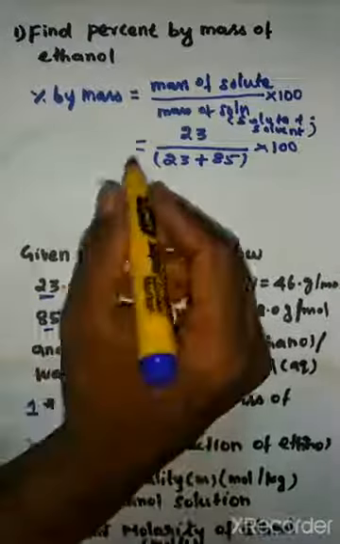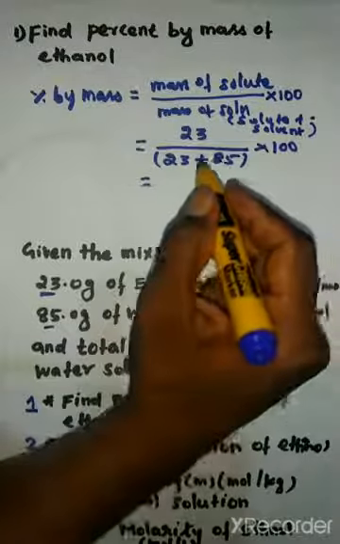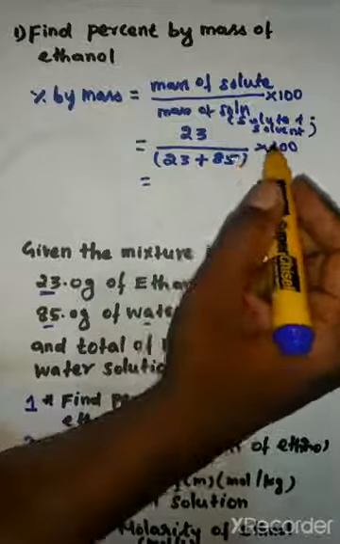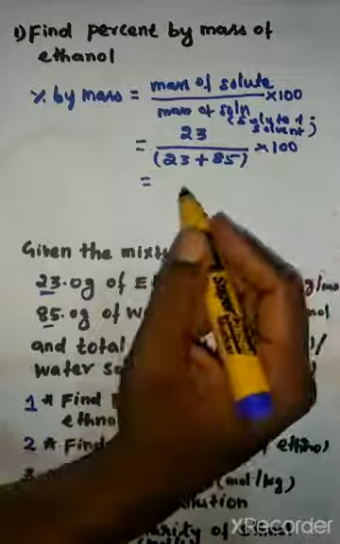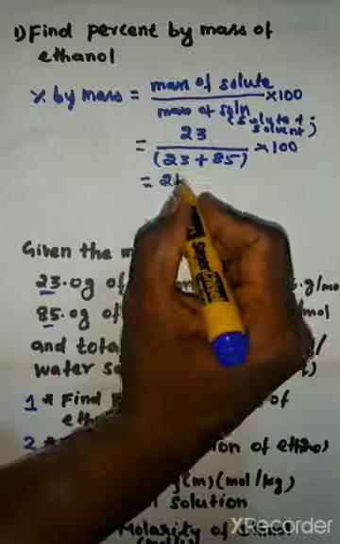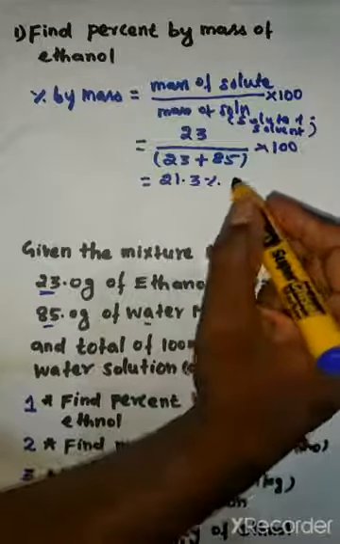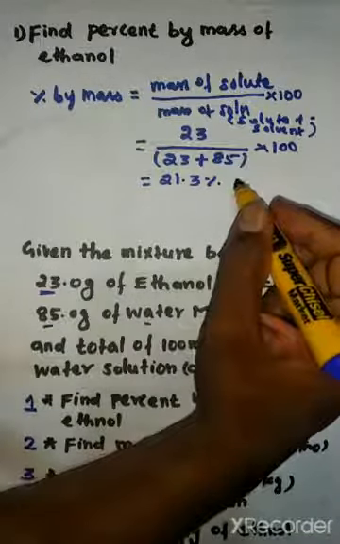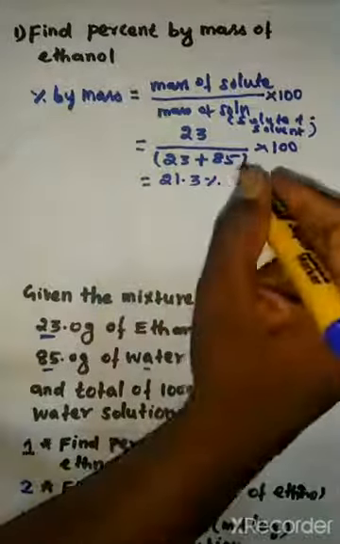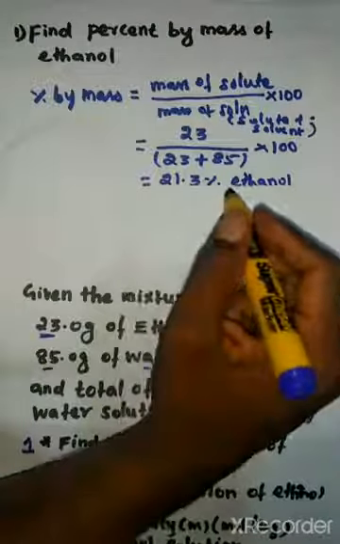Here we have 23 divided by 23 plus 85 into 100. If we solve this problem, we'll get the value 21.3%. So this is the percent by mass of ethanol.